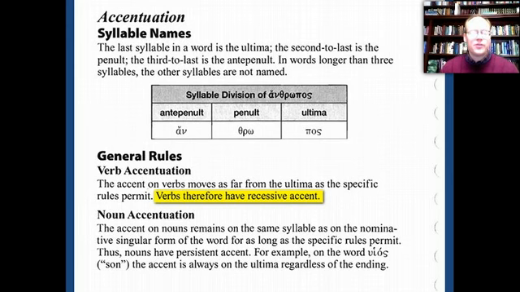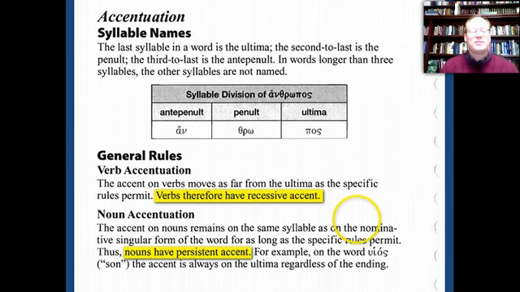Noun accentuation, on the other hand, is persistent, which means that the accent tries to stay on the syllable that it started on in the lexical form, and I'll explain what a lexical form is in just a moment, if at all possible. Now, there would be instances in which it would have to move back toward the ultima, but noun accent is persistent. That's the key word.